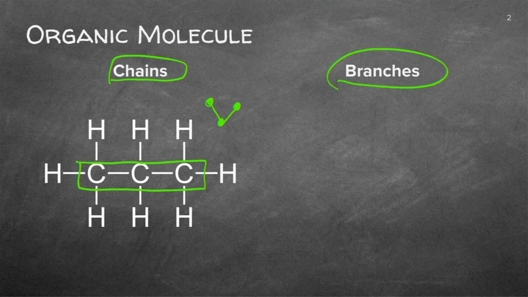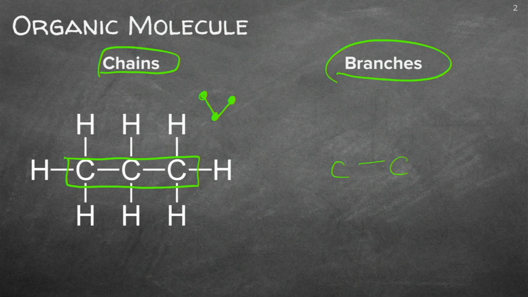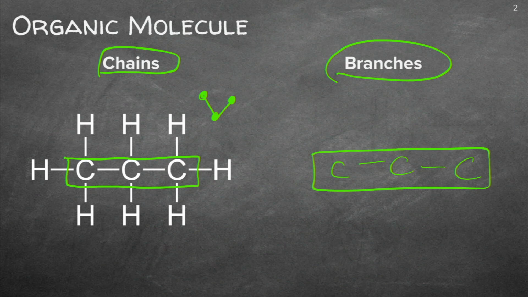So I'm going to redraw those 3. And that's the chain. Can you see there? And now I'm going to add, instead of that hydrogen there, another carbon. Now let's just complete this molecule. Then I've got here hydrogen, hydrogen, hydrogen.